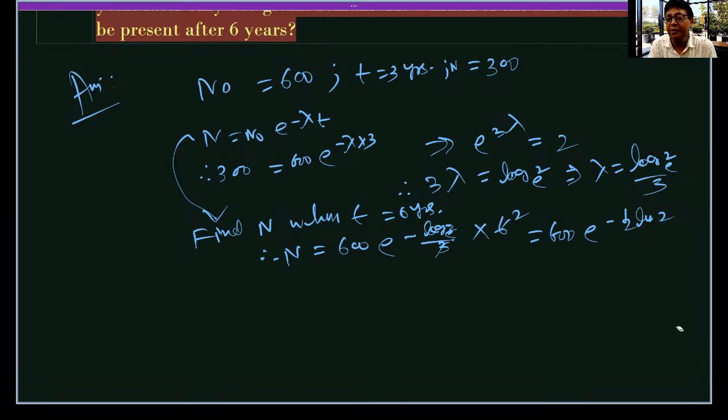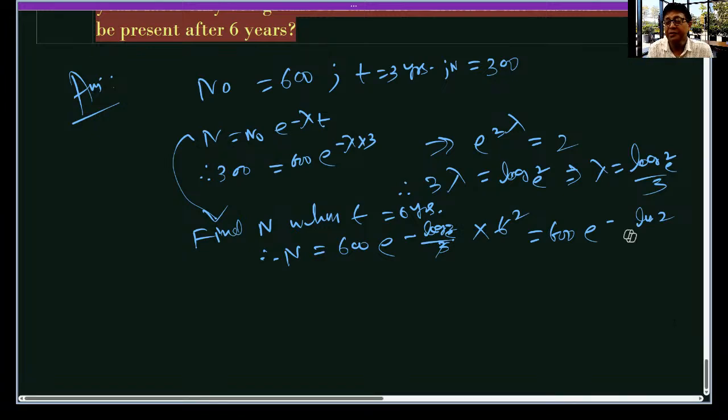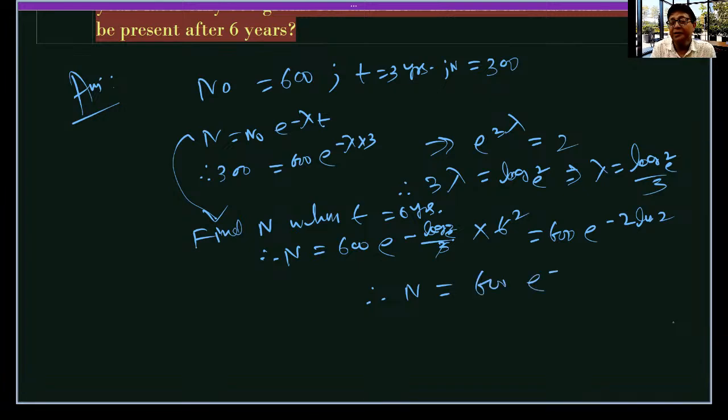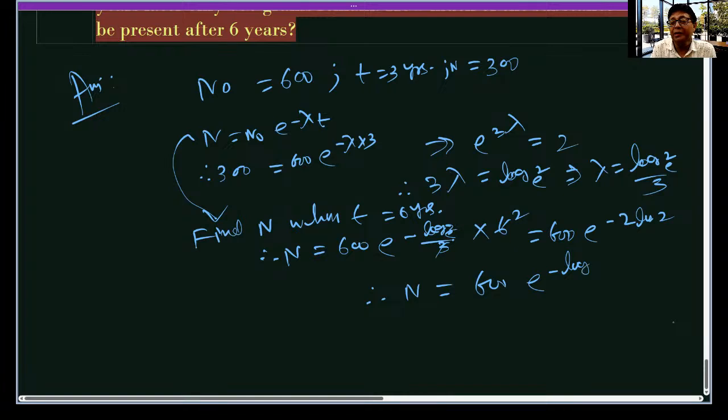Oh no, this is not half, sorry. That's why. This is 2 log 2. Therefore, N after 6 years will be 600 e to the power minus, this you take up, log 4. 600 e to the power minus log 4.